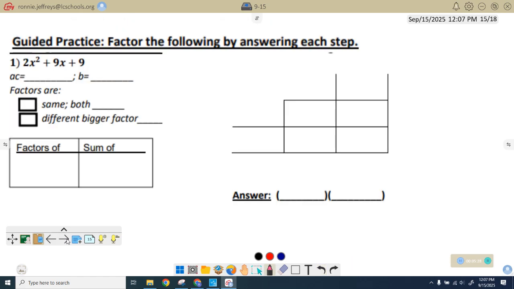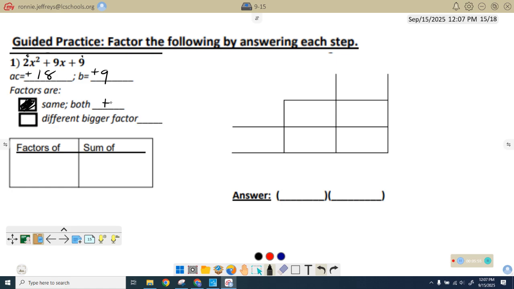So this is exactly the same problem we just had, isn't it? All right, so let's do this. So it will go like this. A times C, which is 2 times 9, 18. We're going to get 9. Our factors will be the same.